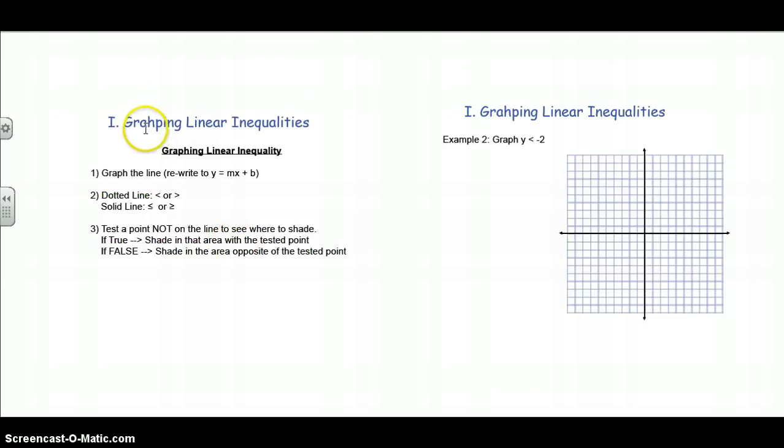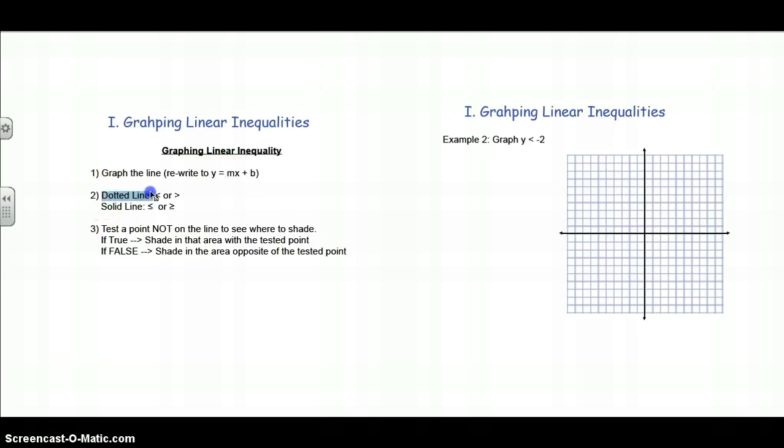Okay, I also want to review graphing linear inequalities. So to graph linear inequalities, you want to graph the line. Remember to rewrite it as y equals mx plus b. And this is important.